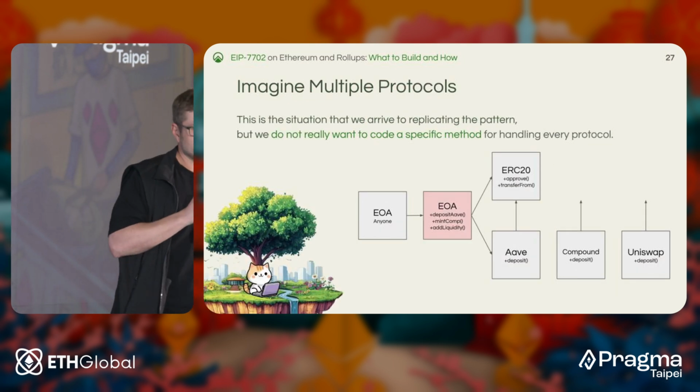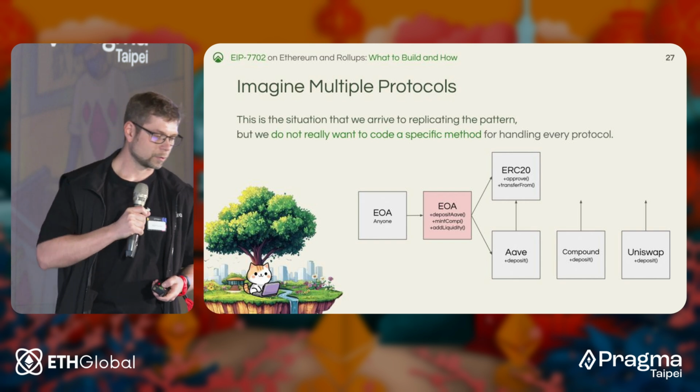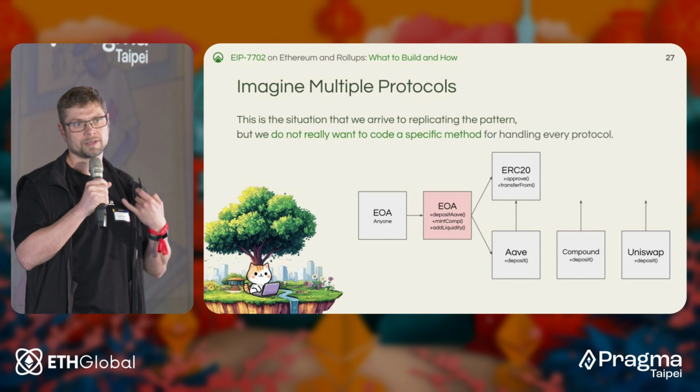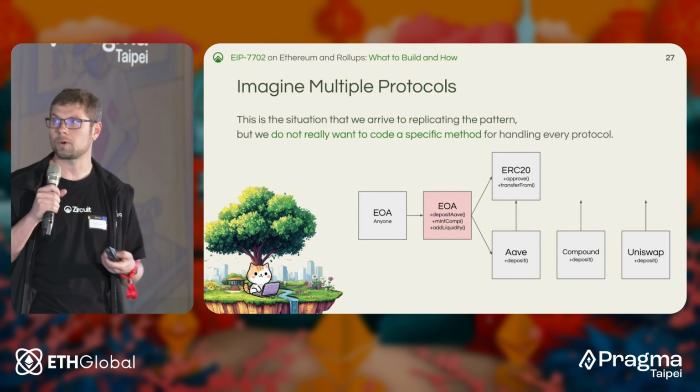So let me show you where this naive approach falls apart. Imagine that situation where I want my super duper smart contract wallet or smart account wallet that can interact with a whole bunch of DeFi protocols in some convenient way. So we have Aave, we have Compound, we have Uniswap, and maybe others, and maybe those that do not exist yet, right?